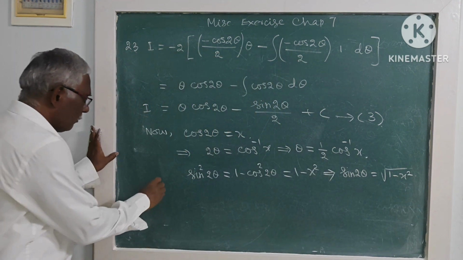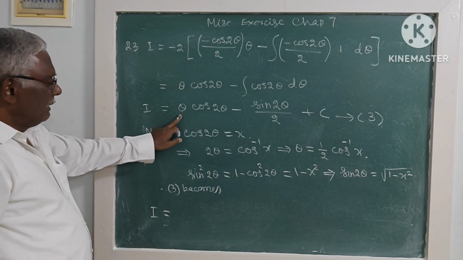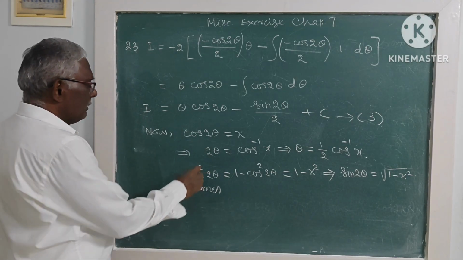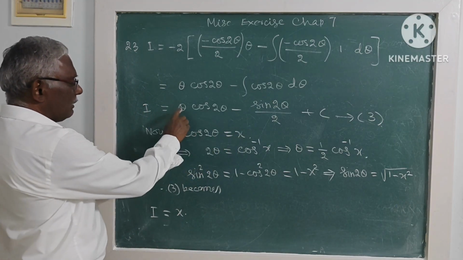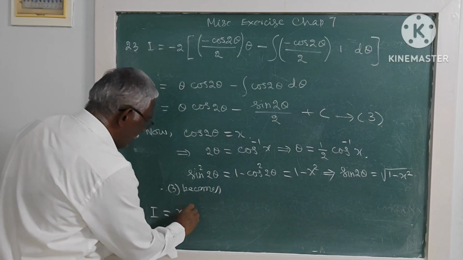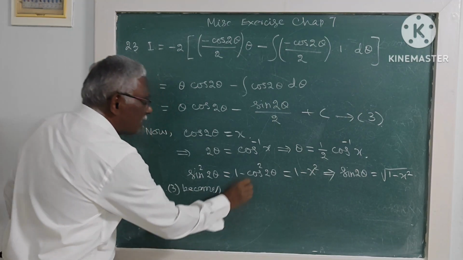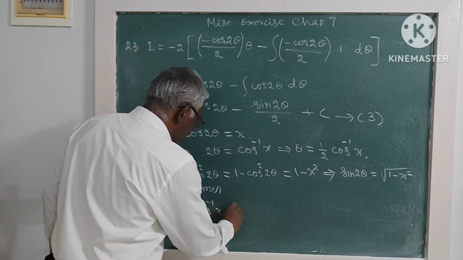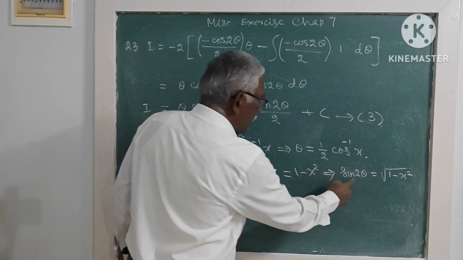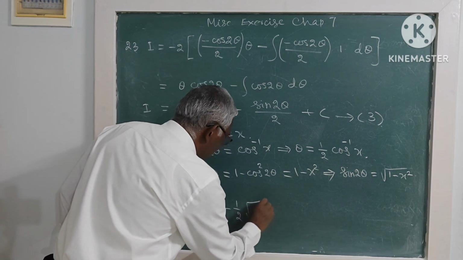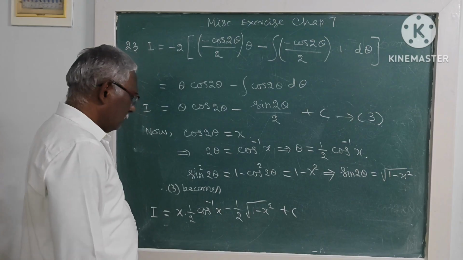Therefore I becomes, I is equal to theta, cos 2 theta is x, theta is half times cos inverse x, minus half times sin 2 theta, square root of 1 minus x square, plus constant.